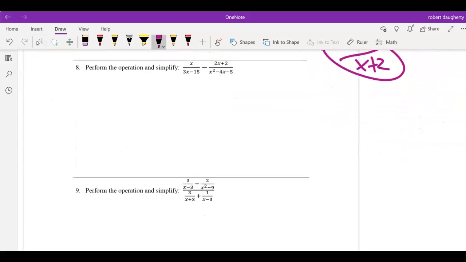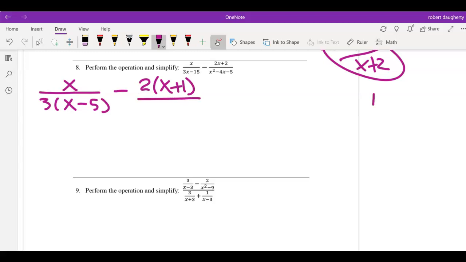Perform the operation and simplify. So again, it's all about factoring and then simplifying. So x divided by, let's factor out a 3, x minus 5, minus, let's factor out a 2, x plus 1.